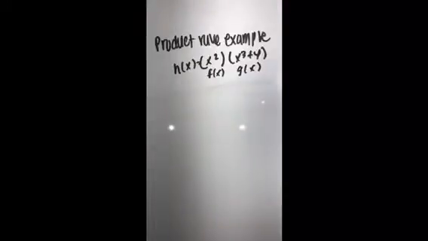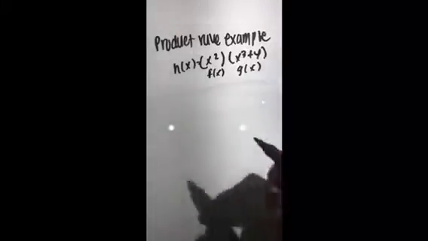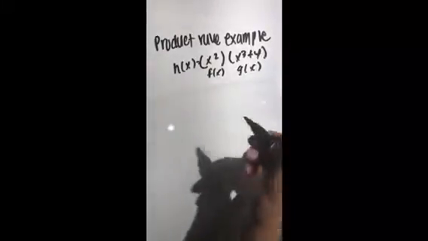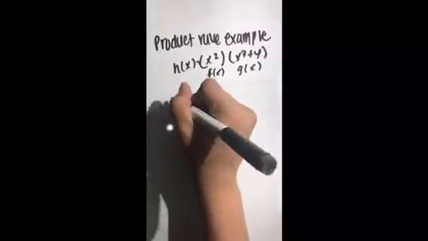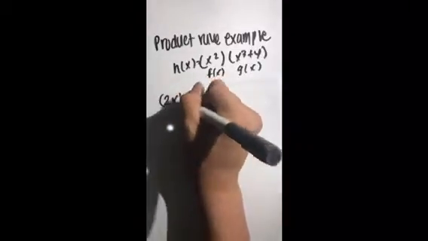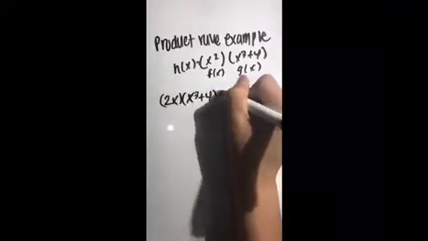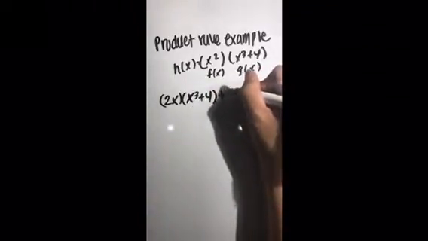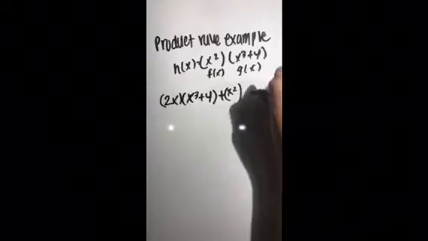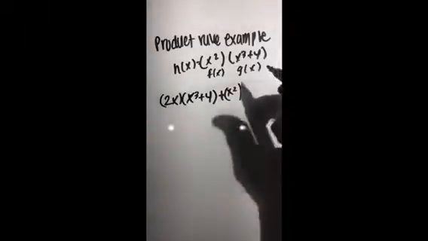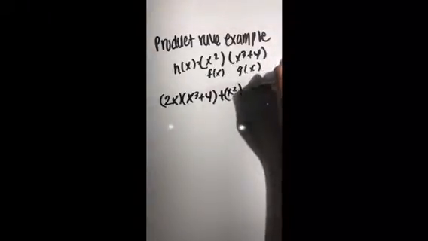Here I have an example for the product rule. I have two functions, f of x and g of x, and we're going to solve it out to show the product rule. We get the derivative of our f of x, which is 2x, times our g of x, plus f of x times the derivative of our g of x.